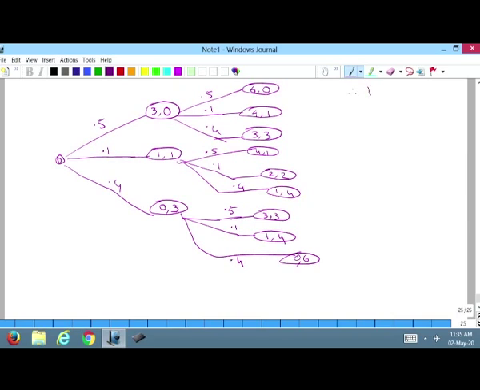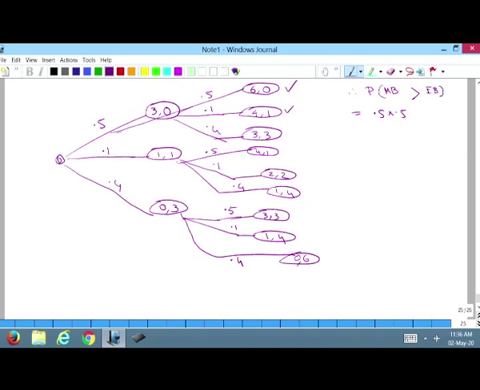Therefore, the probability that Mohun Bagan's points are greater than the points of East Bengal is equal to 0.5 into 0.5, because that is the probability along this branch. This is 4, 1.